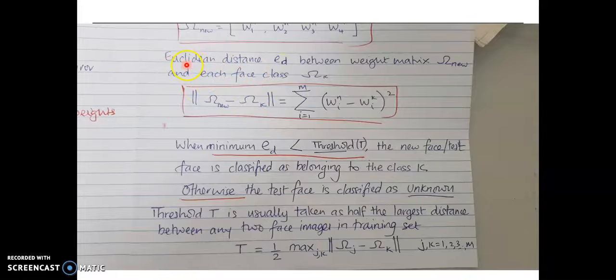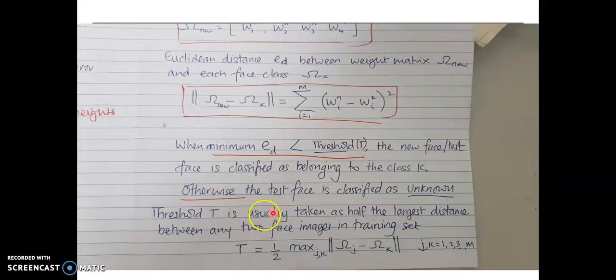The minimum Euclidean distance obtained, if it is less than a threshold, then the test face image is classified as belonging to the class of image K, which gave the minimum Euclidean distance. Otherwise, the test face image is classified as unknown.